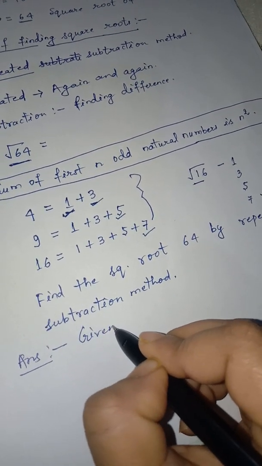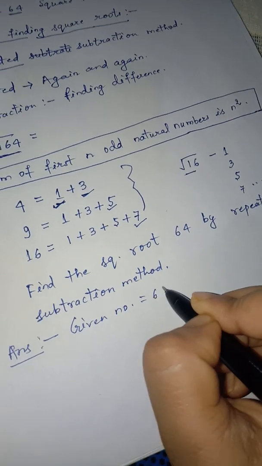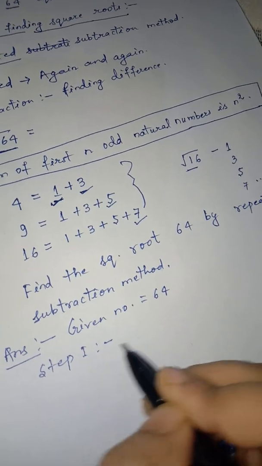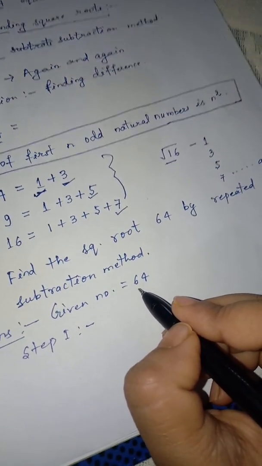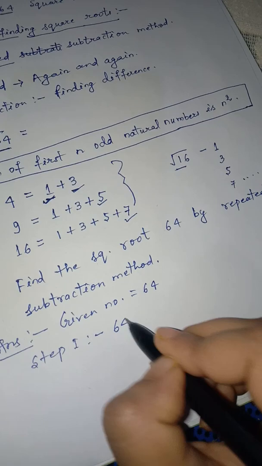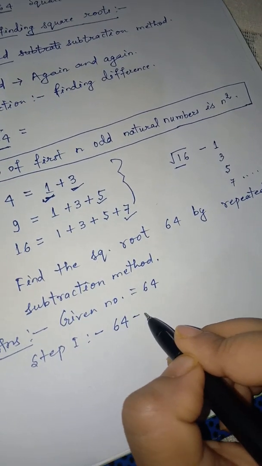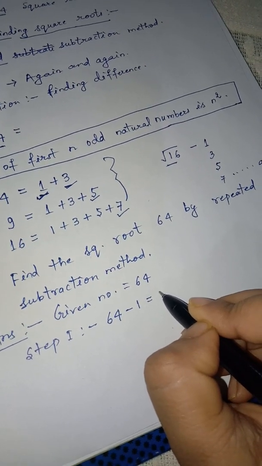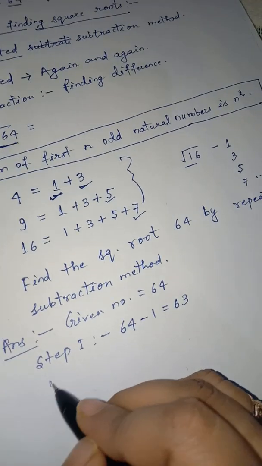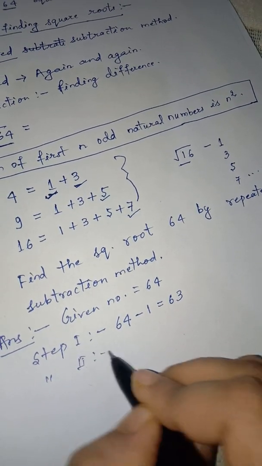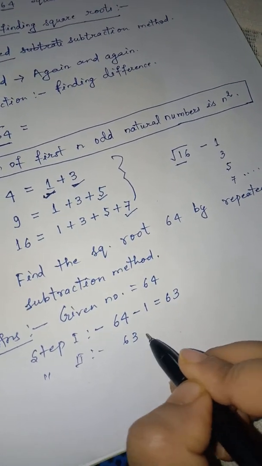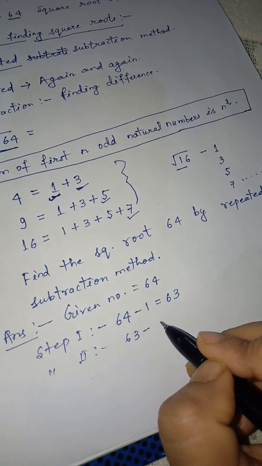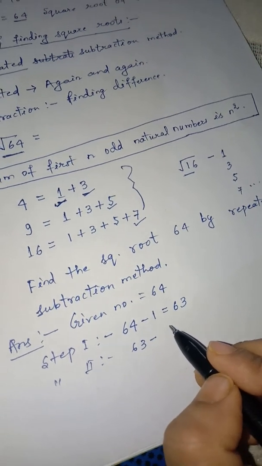The given number is 64. Step 1: which number do we subtract from 64? The first odd number is 1. 64 minus 1 gives 63. In the second step, 63 minus, can we subtract 2 here? No, because 2 is an even number.